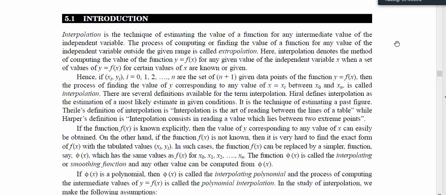And if 50 people work, then 3000 rupees. So I give you three sets of data: 10 people, 500 rupees; 25 persons, 1500; and 50 people, 3000 rupees.